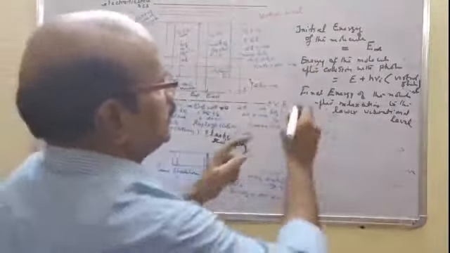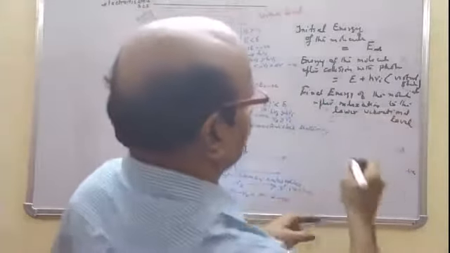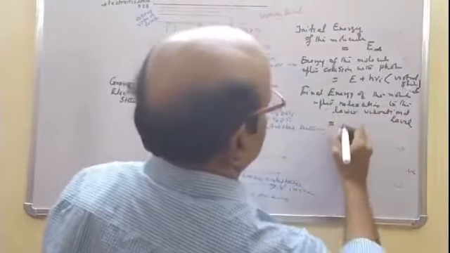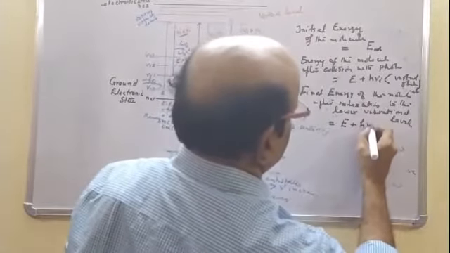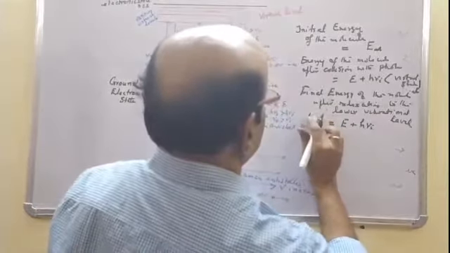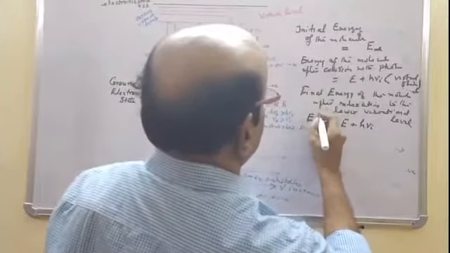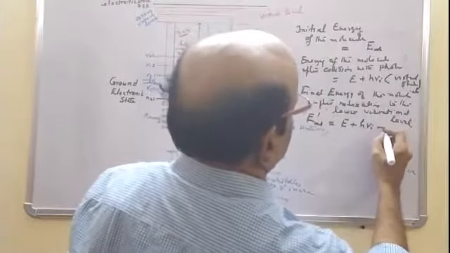The final energy of the molecule after relaxation to the lower vibration level is equal to E plus H nu I. Okay, that is E dash. That is equal to E dash mole. E plus H nu I minus H nu S.